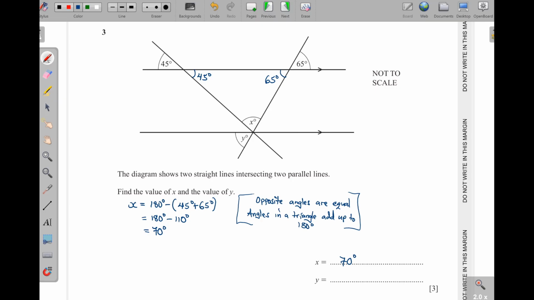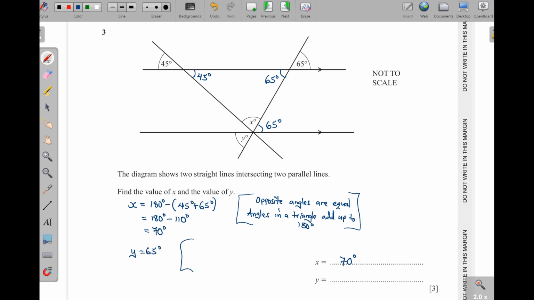Now how about y? Now when you look at y here, this is 65. It corresponds to this one here. So I'll have 65 here. But also, do you see that it is an opposite angle to y? So y will be equal to 65.